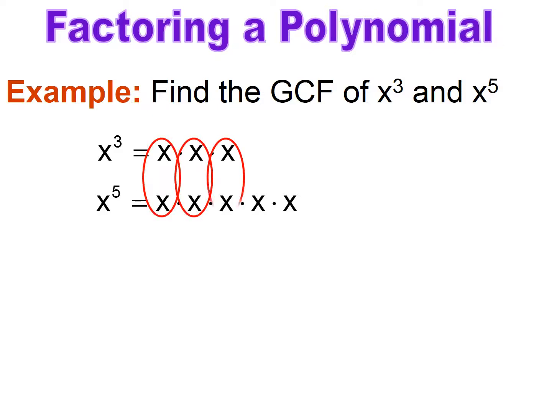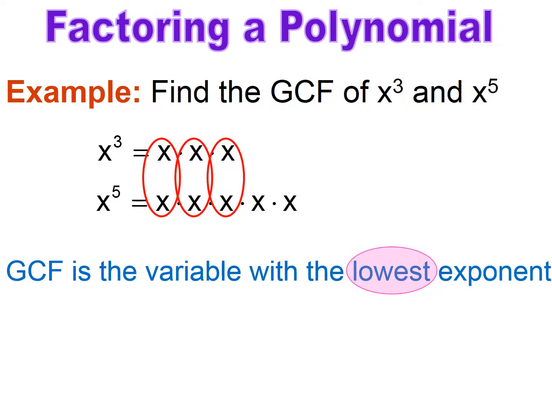So you see here, they both have the greatest common factor of x to the third, so that would be my GCF. A way of doing this is, the GCF, when it comes to variables, will always be the lowest exponent. So the GCF of variables will always be the lowest exponent. And I proved it here that the GCF of x to the third and x to the fifth is x to the third.